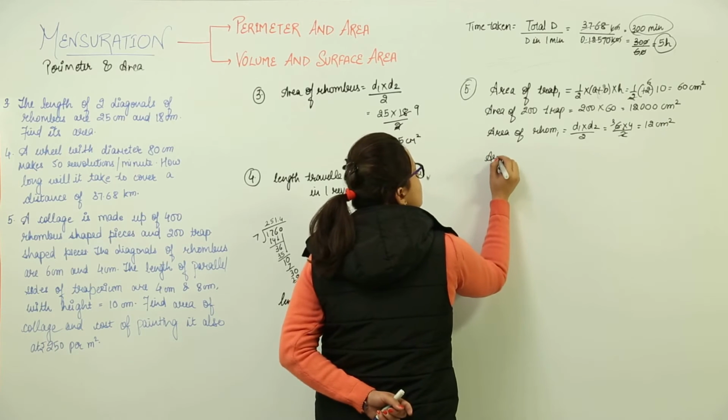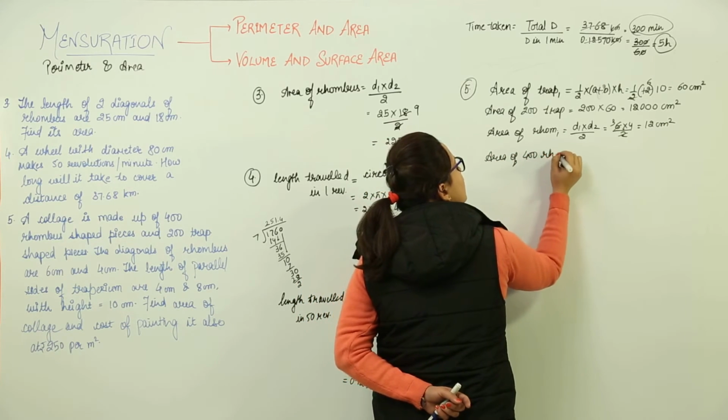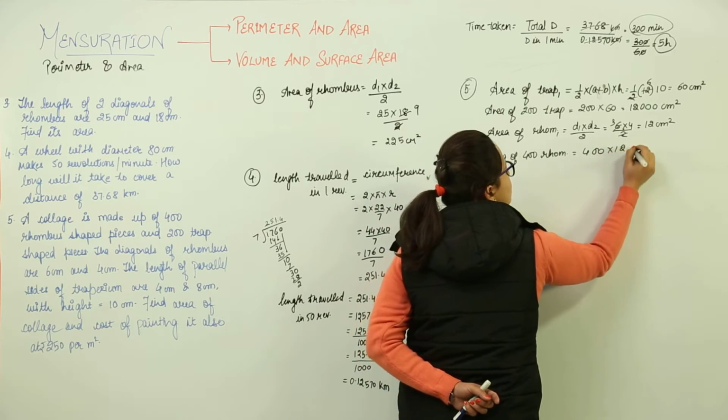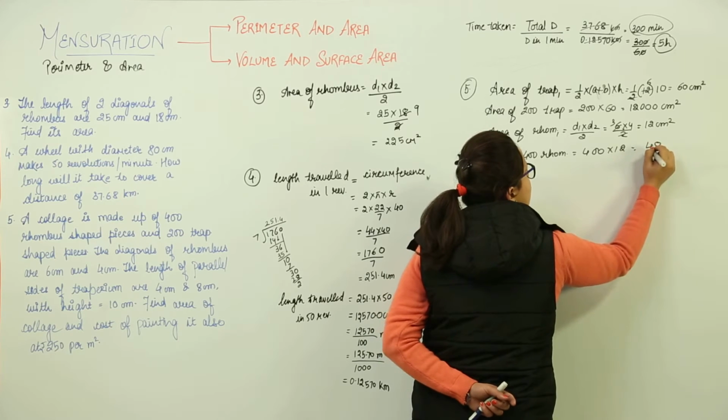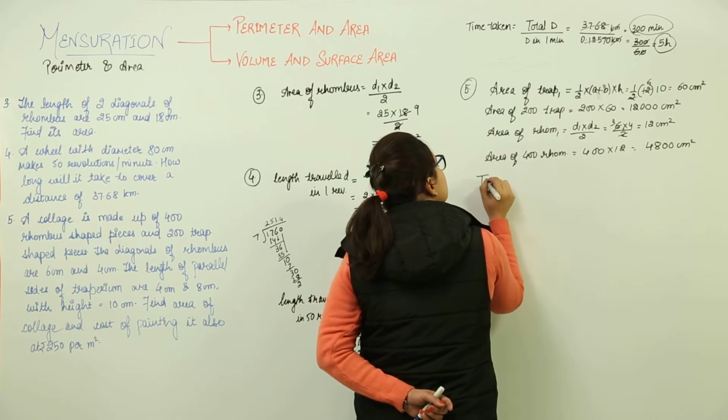How many rhombuses are we having? We have 400 rhombuses. So we will multiply the area of one rhombus with 400. What do we get? 4 2s are 8, 4 1s are 4, 4800 centimeter square. Now the total area.